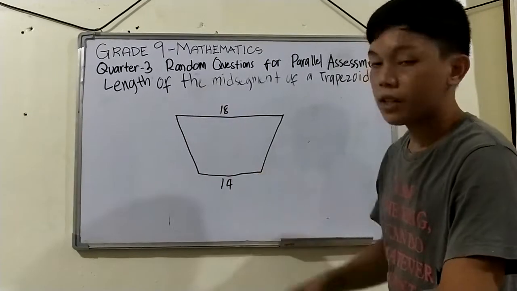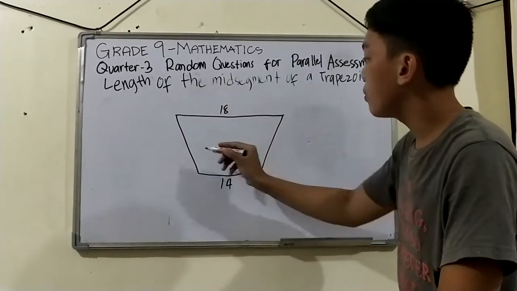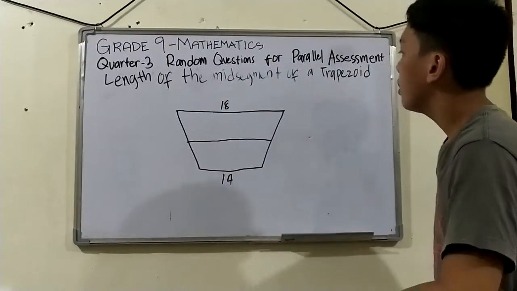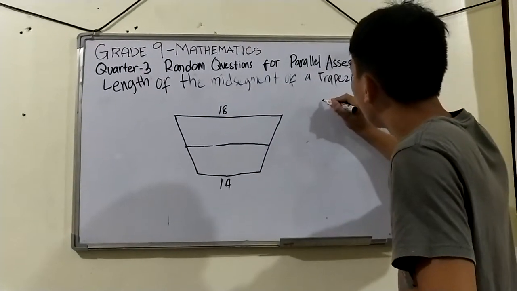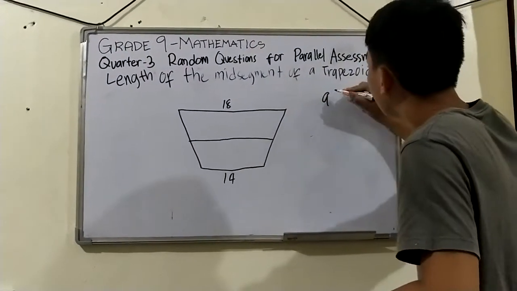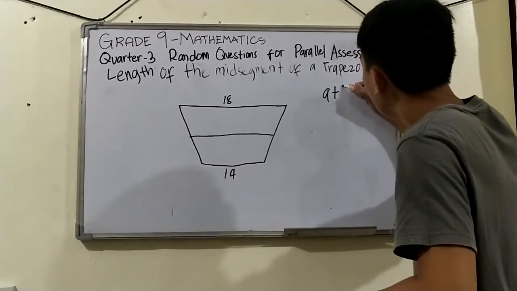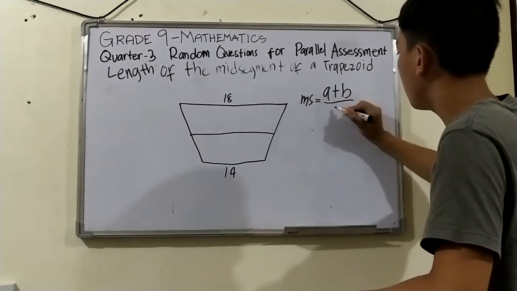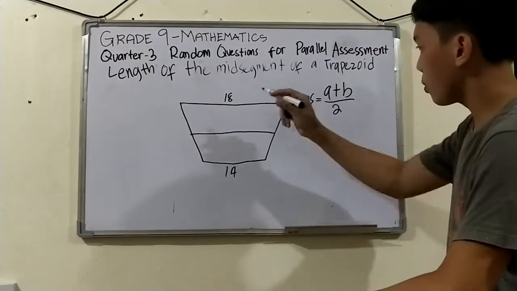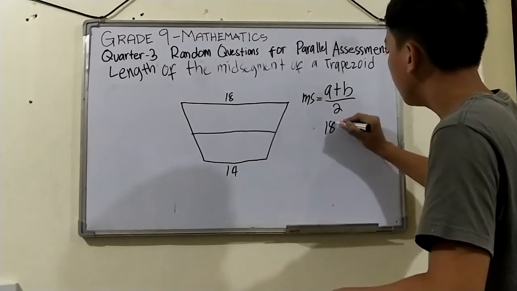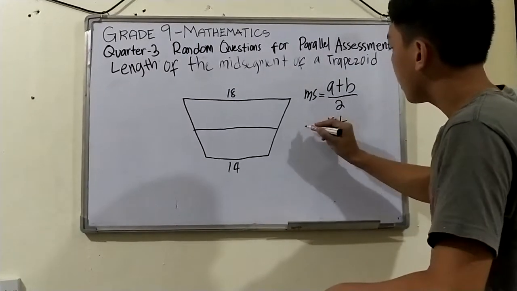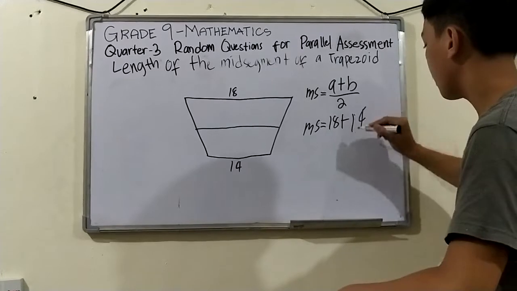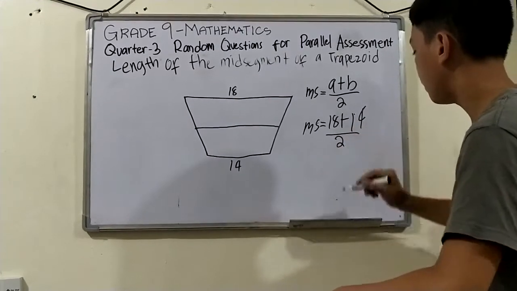And we are asked again to find the length of the mid-segment. So we're using again the formula to find the length of the mid-segment of a trapezoid: ms is equal to a plus b over 2. Suppose our a is 18 and our b is equal to 14, over 2.